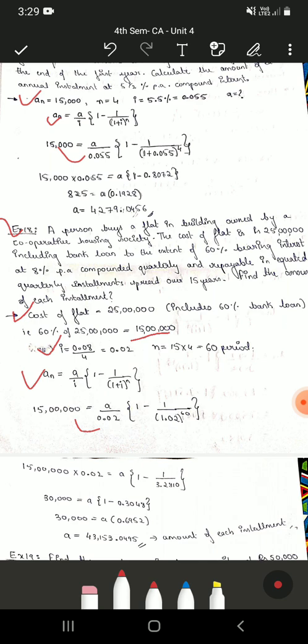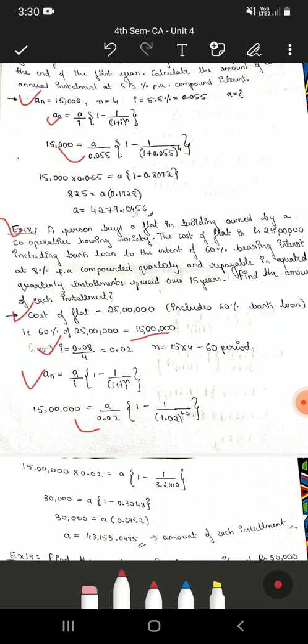Now you can see the power is a large number. Usually it would be 10 or 5 or 6, and you can easily use your calculators, but here it is 60. So what you have to do, you have to type 1.02 and then press the multiplication symbol and then the equal to symbol 59 times.